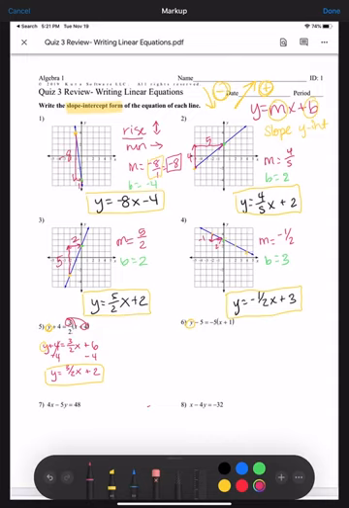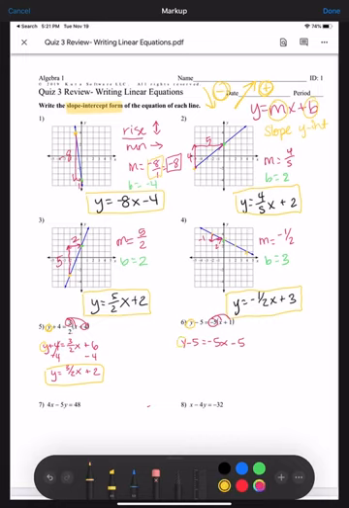I'm just going to drop down the y minus 5, and I'm going to distribute on this side. Now, this is a negative 5 I'm distributing, so I have to keep that in mind. Negative 5 times x is negative 5x. Negative 5 times 1 is minus 5. So now I just need to get y by itself.